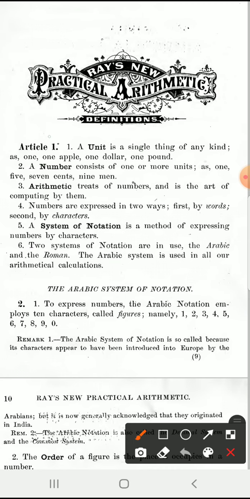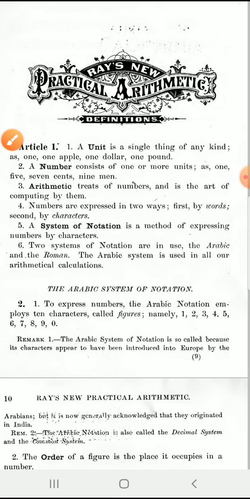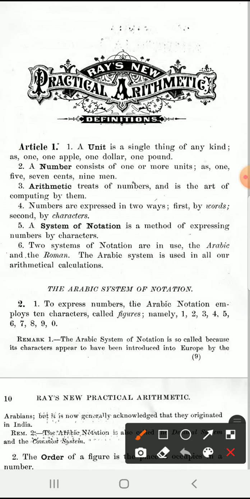You can see here Article 1 is labeled, and down here Article 2, which we'll study in Lesson 2. So we'll study one article per lesson in Modern Arithmetic 3. What we have here in this first lesson are a number of definitions or other bits of important information which should be memorized.